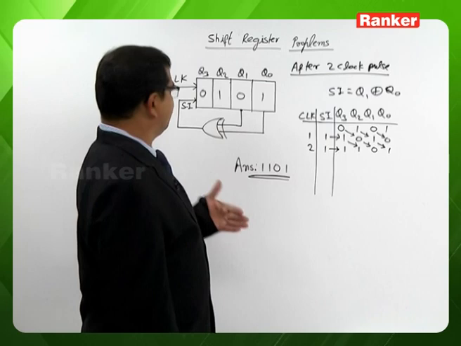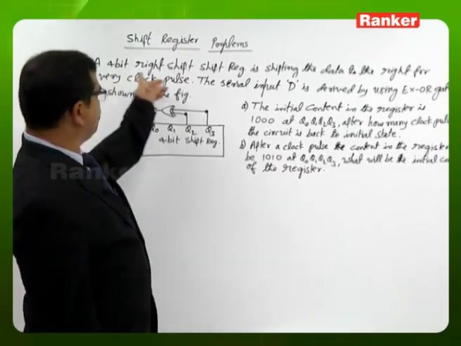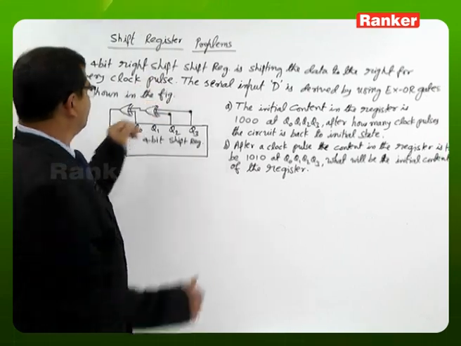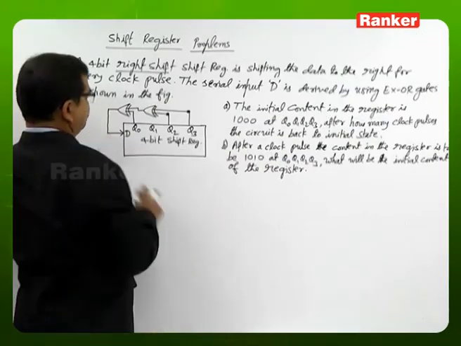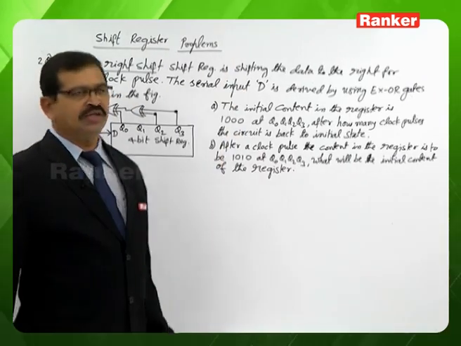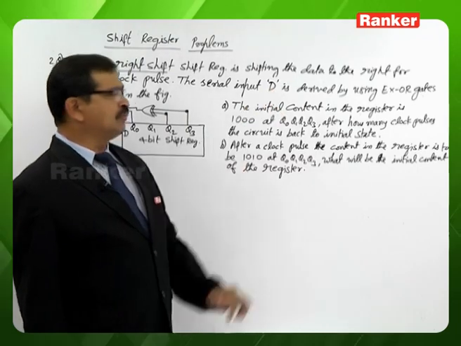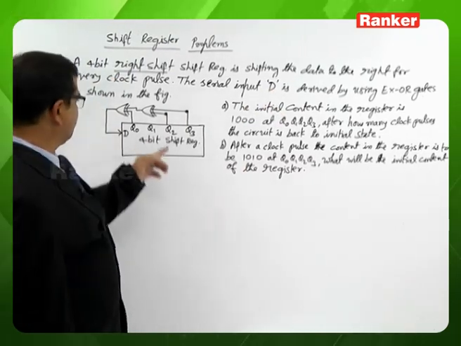Let us try one more question. Here we are looking at a question. A 4-bit right shift register is shifting the data to the right for every clock pulse. The serial input D is derived by using exclusive OR gates as shown in the figure.